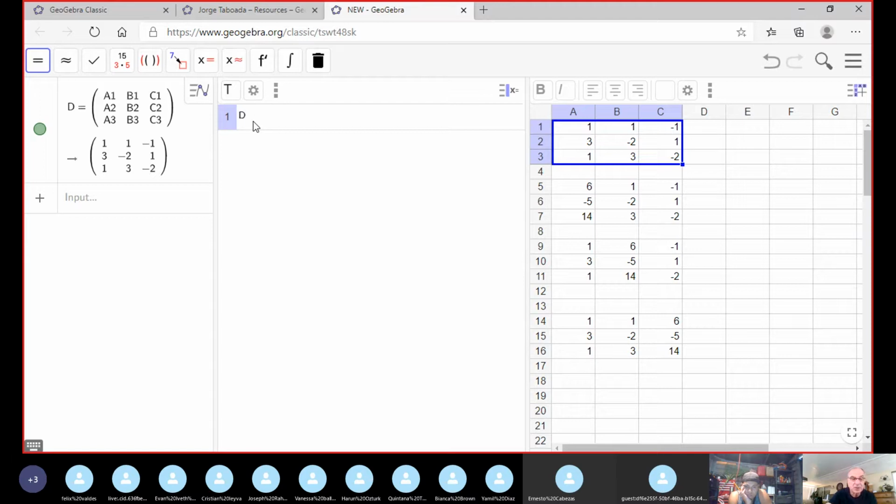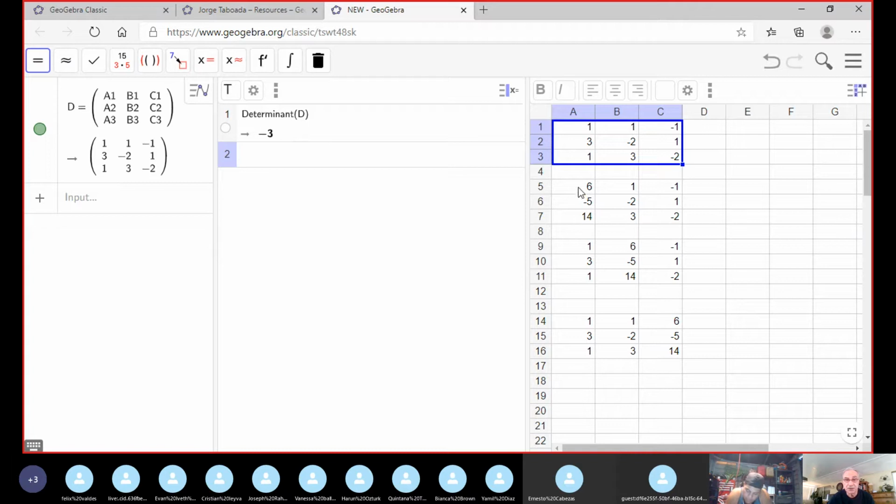No capital. Determinant. Look at that. Determinant of matrix. What matrix? Capital D. Press enter. Bam. -3 is the determinant of this matrix.